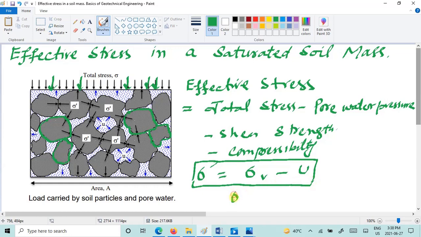Now, sigma V is the total vertical stress, and U is the pore water pressure.